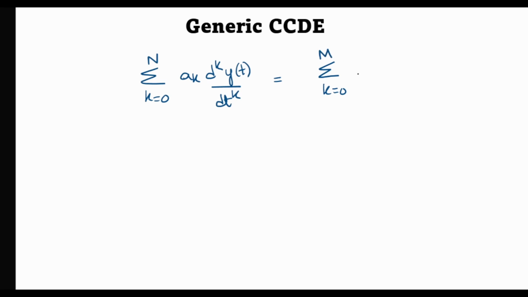A generic constant coefficient differential equation can be written as summation k equal to 0 to n a_k d^k y(t) by dt^k equal to summation k equal to 0 to m b_k d^k x(t) by dt^k.